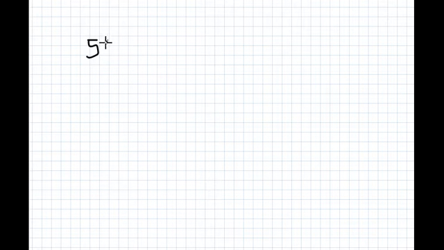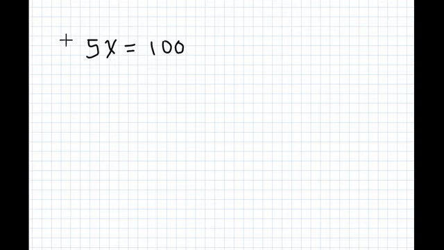If I had this equation, 5x is equal to 100. This is a linear equation, and the idea here is we want to solve for x in this problem. That is, find the solution so that when we plug it in for x, we get a true statement.